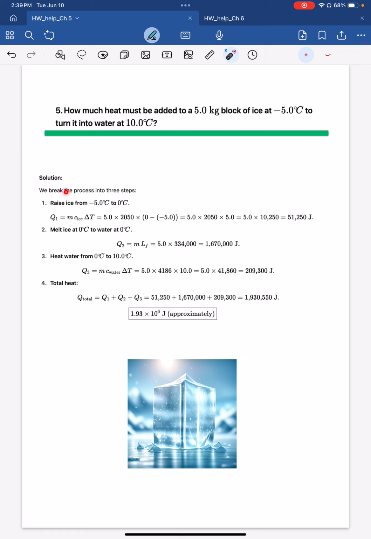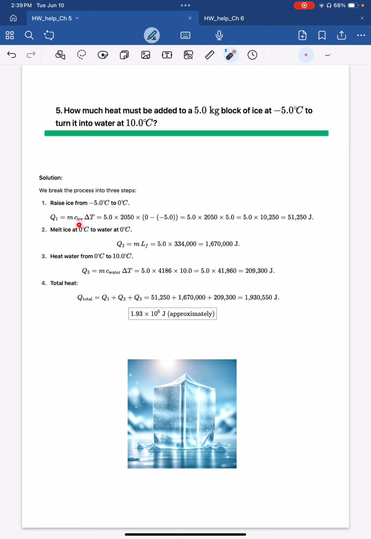Okay, so I had said that here, we break the process into 3 steps. In the third part, you are heating, what are you heating now? Water, because all of the ice is changed to water. So you are heating it from 0 to 10. So you go back to the normal formula for heating. See that? Same thing.